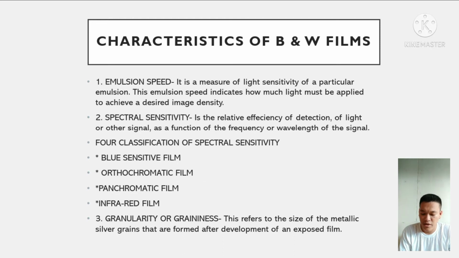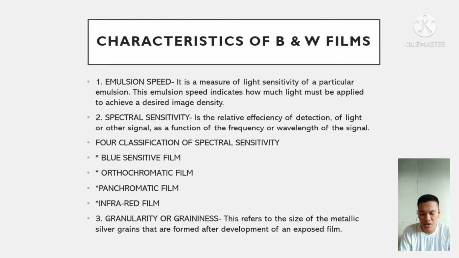There are three different indicators of emulsion speed. First is ASA, the American Standard Association. Second is DIN, Deutsche Industrie Norm. And the last is ISO, the International Standard Organization. First, what is ASA? ASA is expressed in an arithmetic value system.